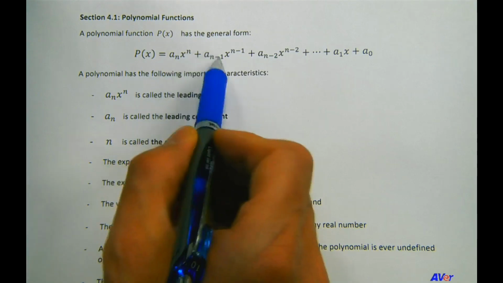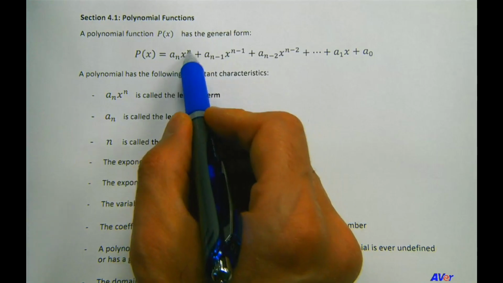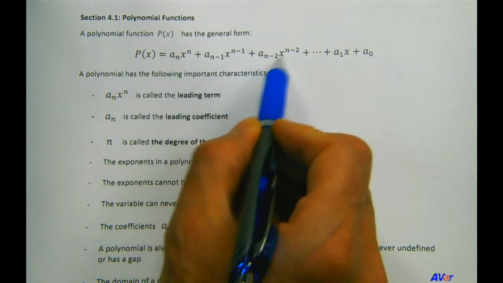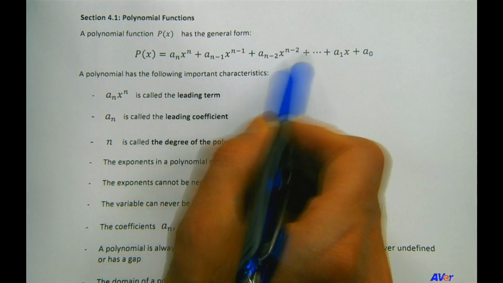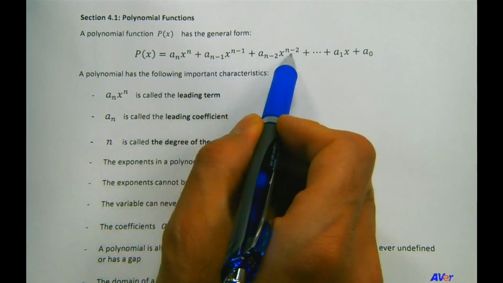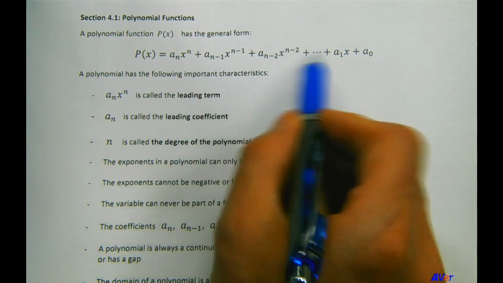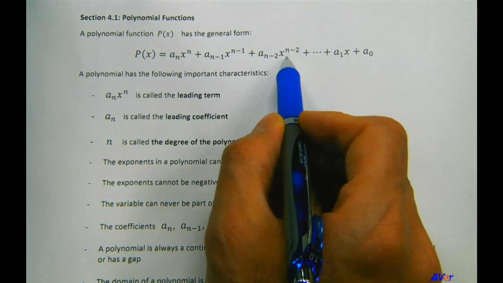When we order the terms in descending order of power, that's when you see x to the n power, x to the n minus 1 power, x to the n minus 2 power, and so on and so forth. So these n, n minus 1, and n minus 2 are the descending orders of power. That's all it means.